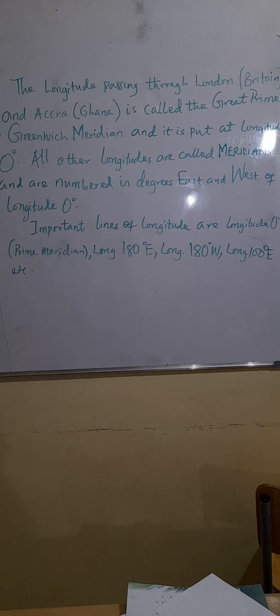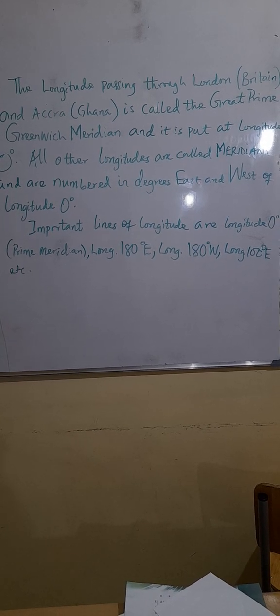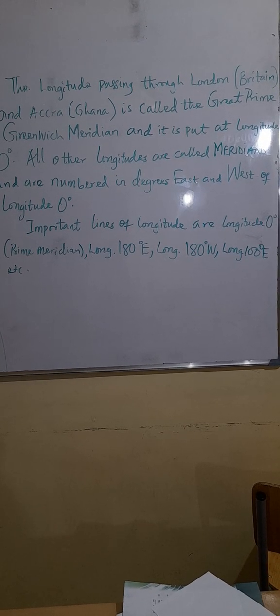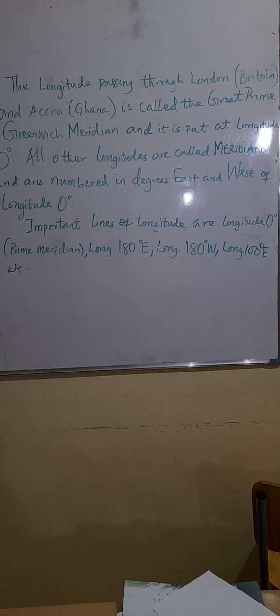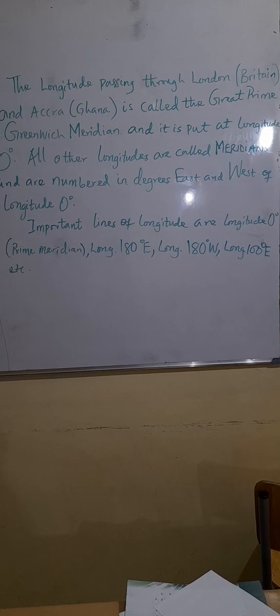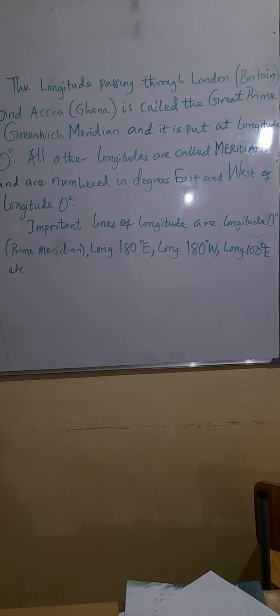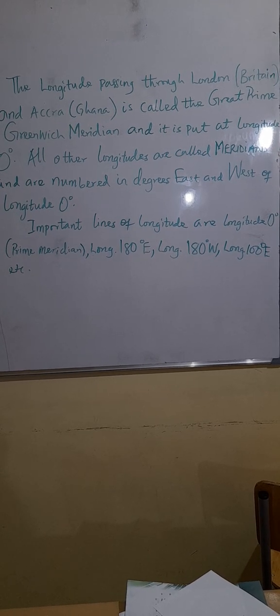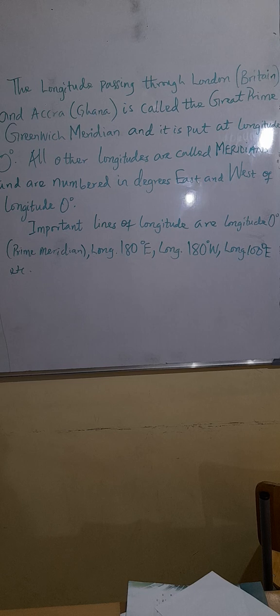The important lines of longitude that I told you about the other time are longitude 0 degrees, which is the prime meridian, or Greenwich meridian, or Great Prime. Then we also have longitude 180 degrees east and 180 degrees west, longitude 100 degrees east and 100 degrees west, and longitude 80 degrees east and 80 degrees west.